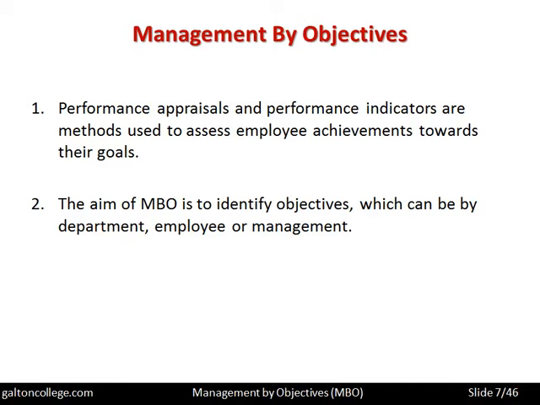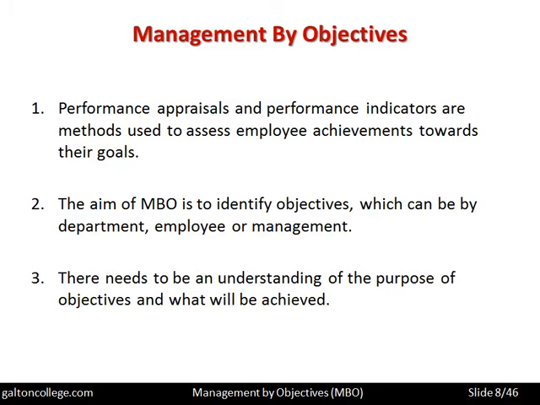So it's trying to ensure that every part of the organization is pulling in the same direction, and they're all bearing the burden of trying to achieve their objectives, and in so doing contributing towards the overall organizational objectives and the achievement of those objectives.